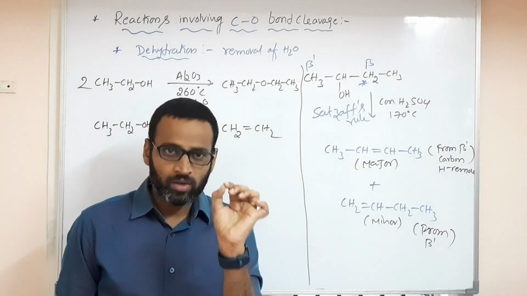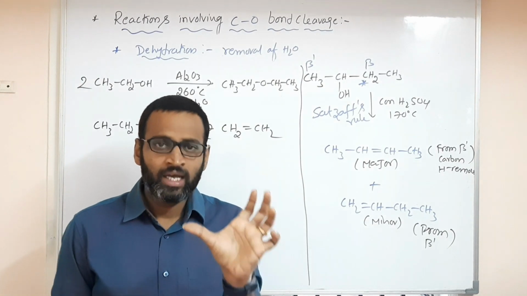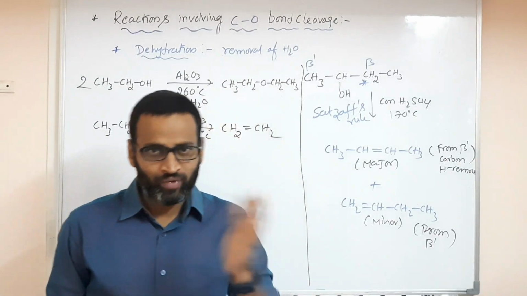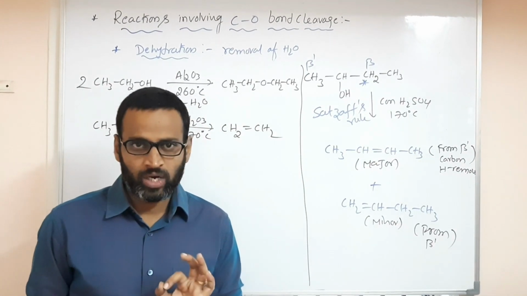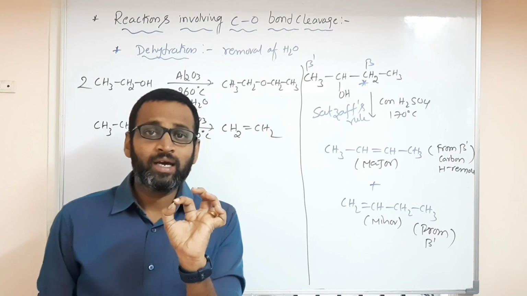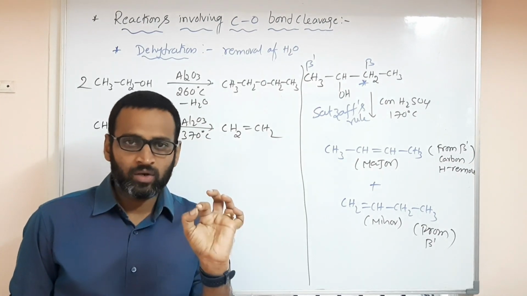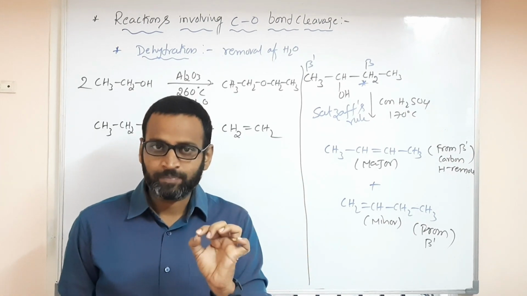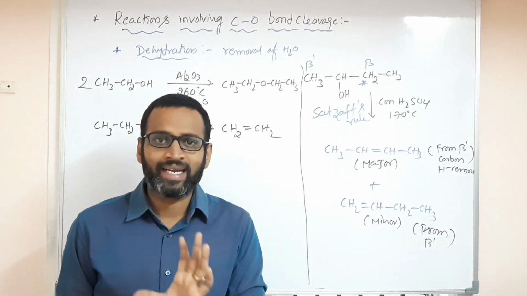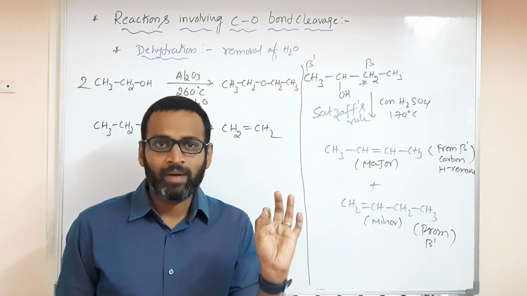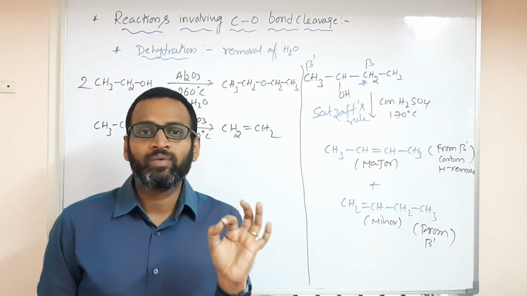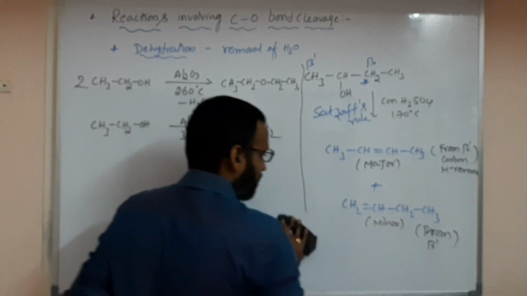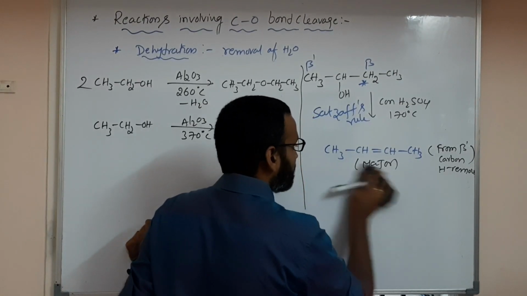Alcohols on oxidation by mild oxidizing agent, then aldehyde or ketone will come. So when ketone will come, I will tell you now only. When primary alcohol is treated with a mild oxidizing agent, then aldehyde is the product. If alcohol is secondary, then oxidation by mild oxidizing agents, you will get ketone. A list of mild oxidizing agents and strong oxidizing agents I will give you later.